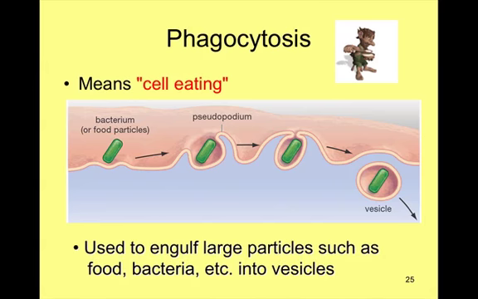It's used to engulf large particles such as food, bacteria, etc. into what are called little vesicles. And these are the way that a lot of single-celled organisms are going to get their food, through phagocytosis.